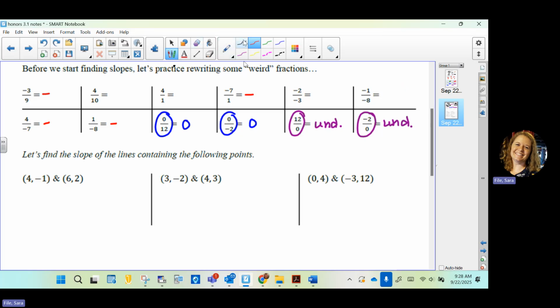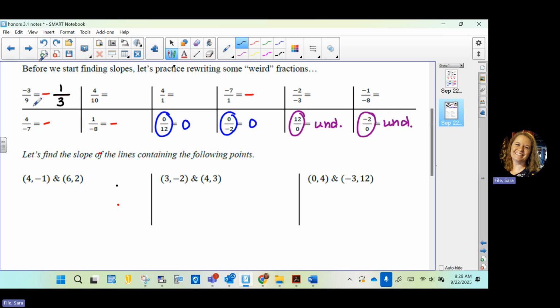All right, so now let's actually reduce some fractions. 3 over 9, what will that reduce to? No, if it was 9 over 3, it would be 3, but it's 3 over 9. 1 over 3. Okay, good. Negative 1/3. Okay, remember, if you're unsure of reducing, you're looking for what common factor can I divide out of both of these?